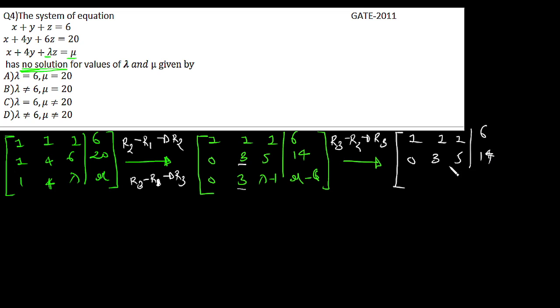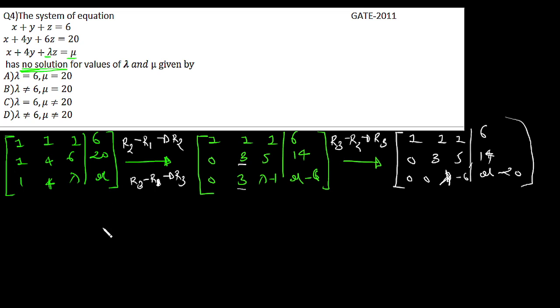Now the third row becomes 0, 3 minus 3, 0, here lambda minus 6, and here mu minus 6 minus 14, so you get mu minus 20.